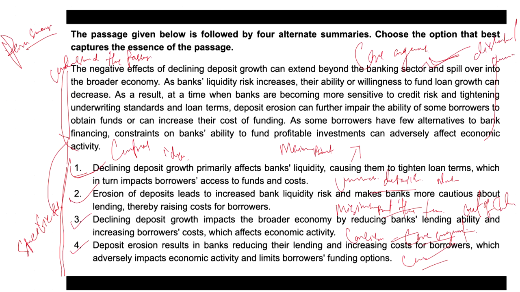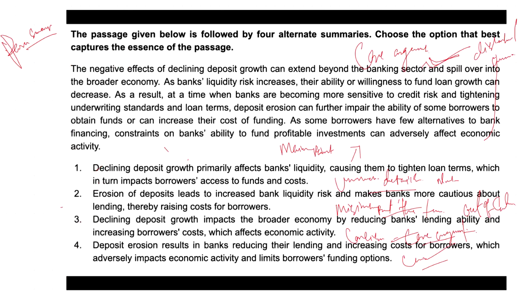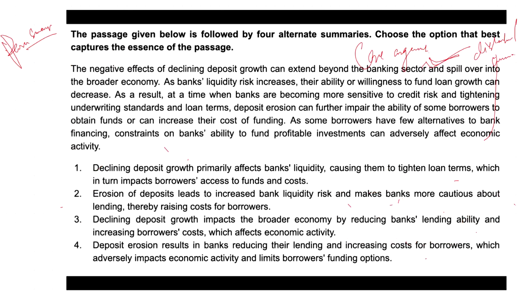Let's take this test and identify how we can reach the correct answer by doing elimination, by reading the passage thoroughly and understanding the main idea or core idea. And we'll also check how certain choices can be considered as distorting the main idea.